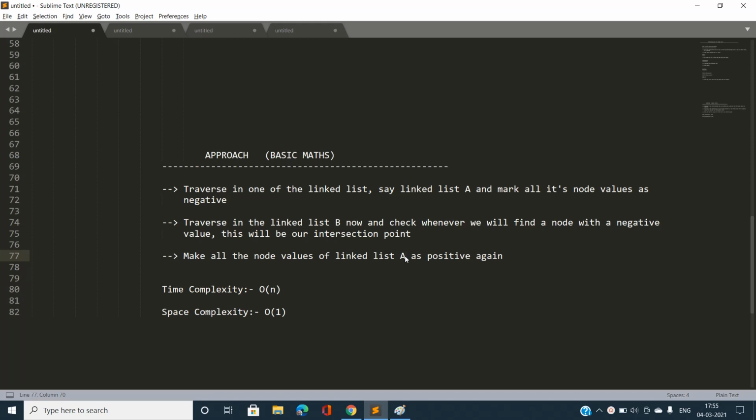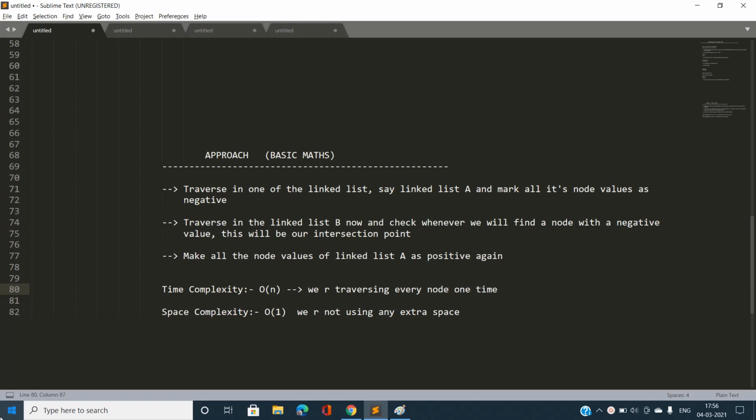So our time complexity would be O of n and our space complexity will be O of 1, because we are not using any extra space. And let me write this also, that our time complexity will remain O of n because we are traversing every node, or you can say we are going to traverse every node one time.